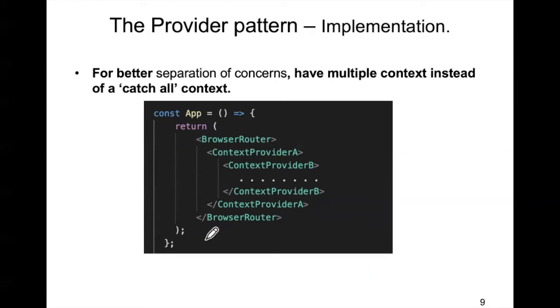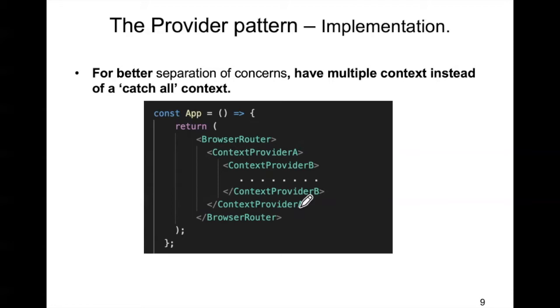So what I'm trying to get at is, rather than having one context that is responsible for sharing all different types of global data across your app, it would be better to have multiple contexts, so that each context is concerned with a specific aspect of global data. And of course, the reason we do this is to achieve better separation of concerns, which is an objective we like. So separation of concerns applies to this provider pattern as well.